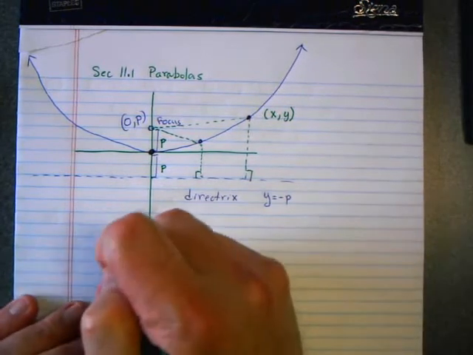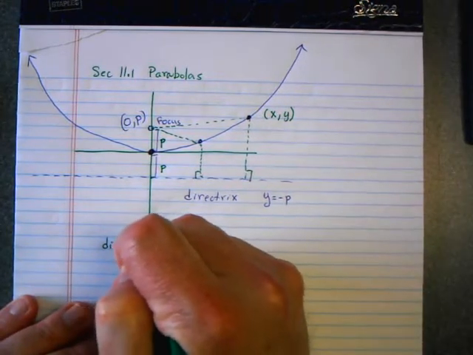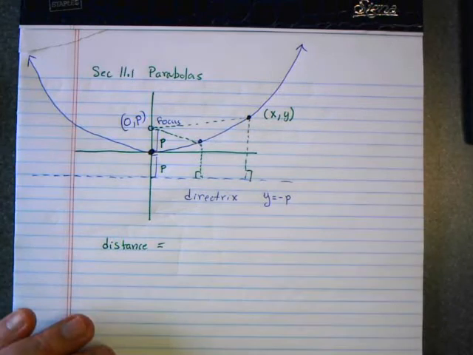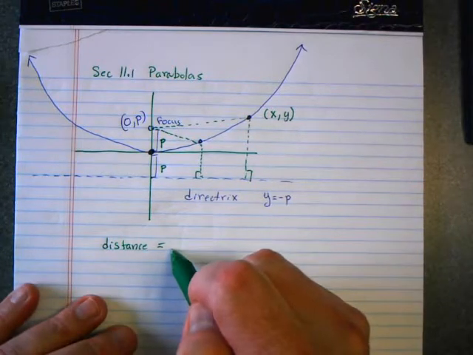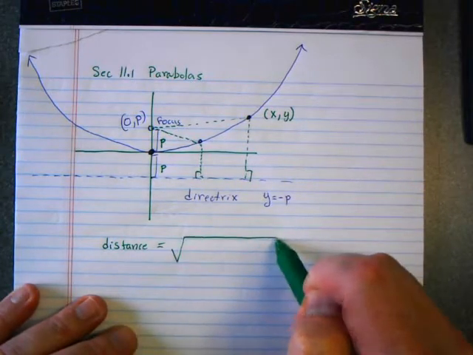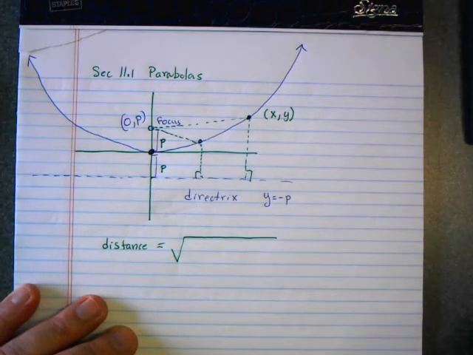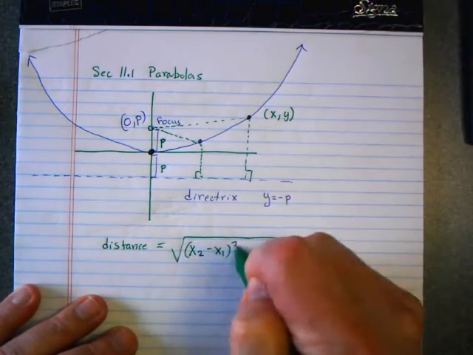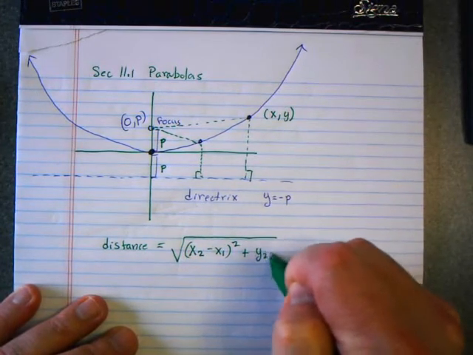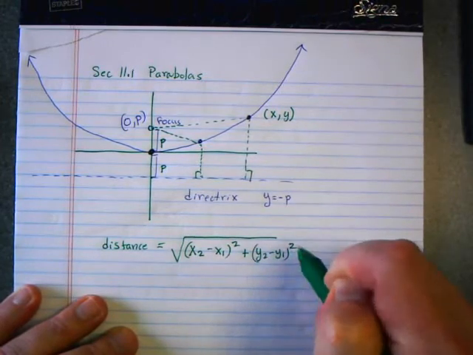All right, so what's the distance formula? Square root of, get it right. Usually we go (x2 minus x1) squared plus (y2 minus y1) squared. Usually do it in that order.